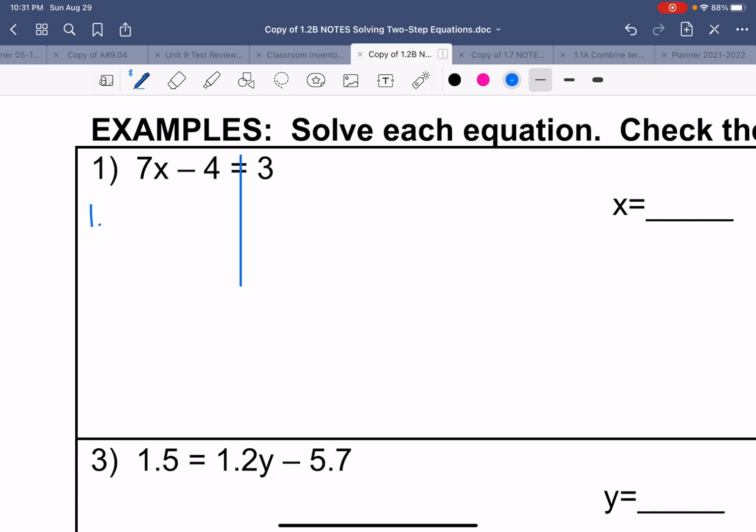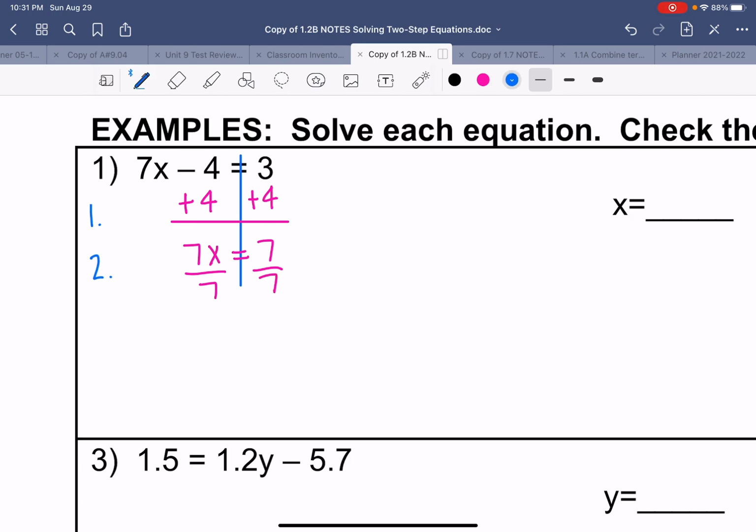So if this says 7x minus 4, in order to undo subtracting a 4, I must add 4. What I do on one side, I must do to the other. I'm left with 7x equals 7. And then I need to divide by 7, because that's step 2.